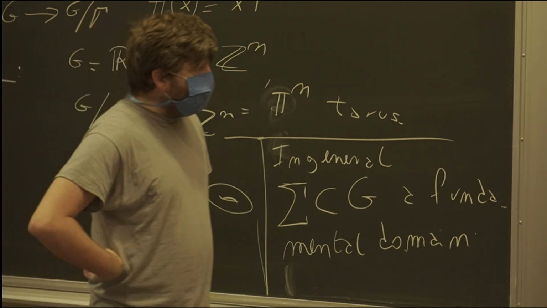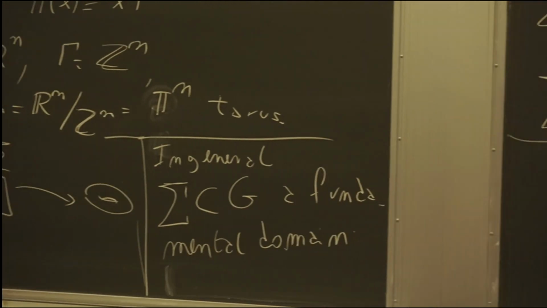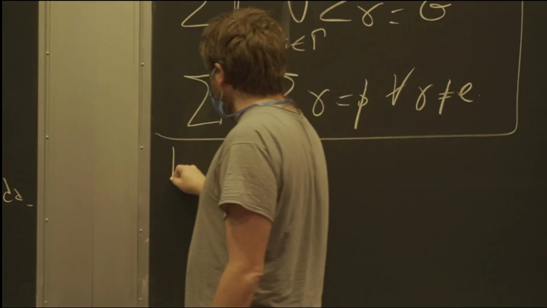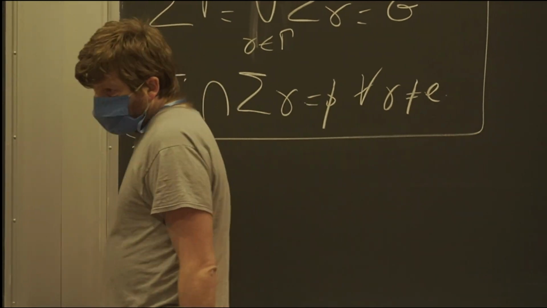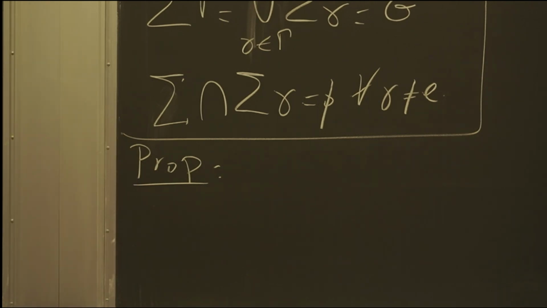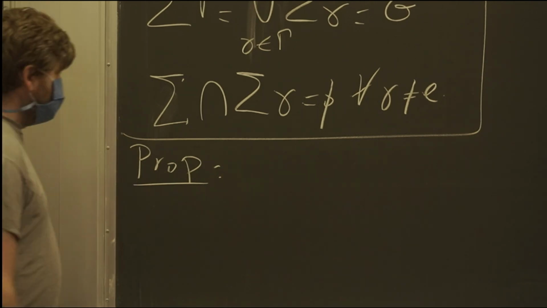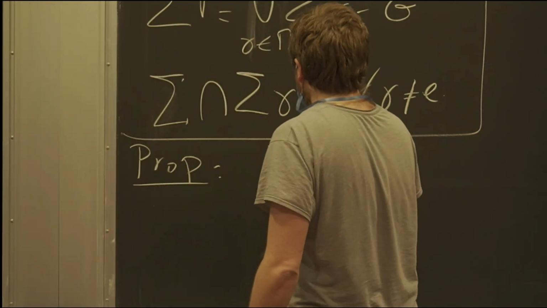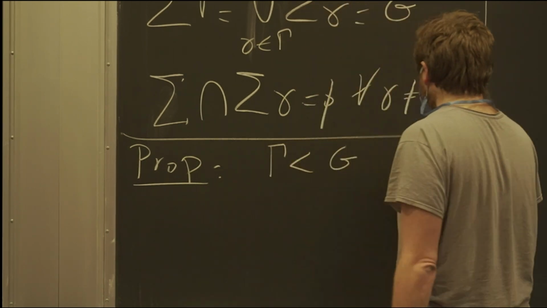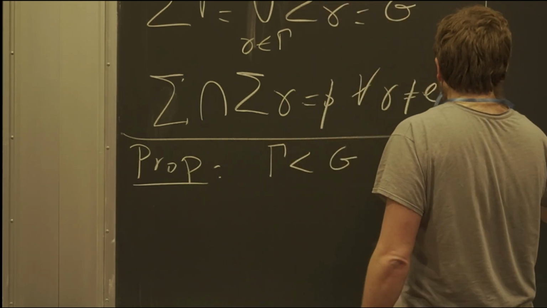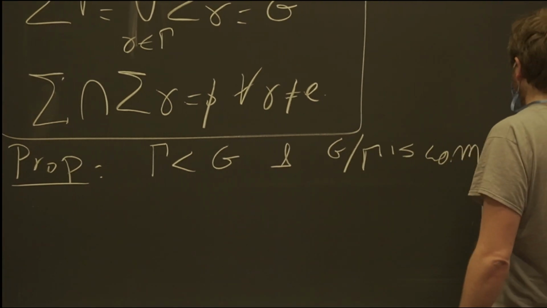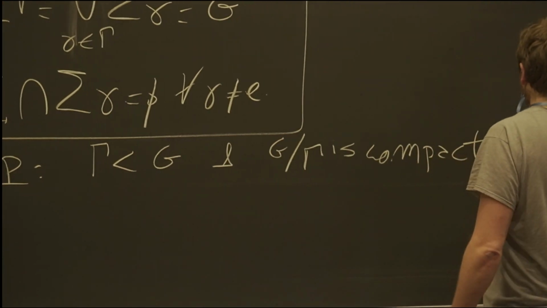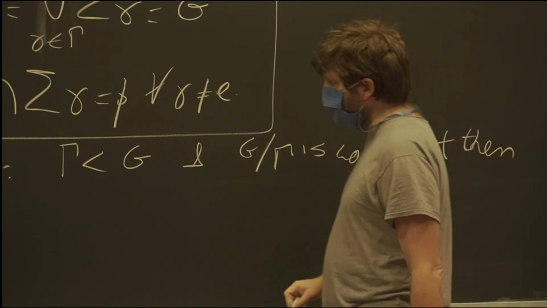Now, more generally, there is a proposition which is not very hard to prove. I will leave it to you as an exercise, which says that if gamma is a subgroup and G mod gamma is compact, then gamma is a lattice.